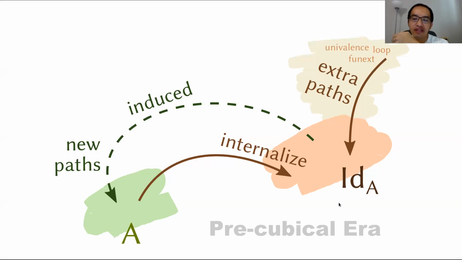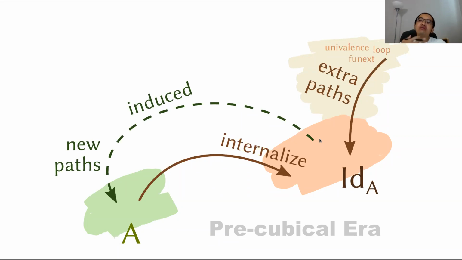Well, we have the identity type, which is the internalization of the paths in A. So instead of adding things into A, you add things into this Id A directly. You just assert that there is a path or identification called univalence in the universe, or loop in the circle, or function extensionality in the function type. So you just add those things in the identity type.